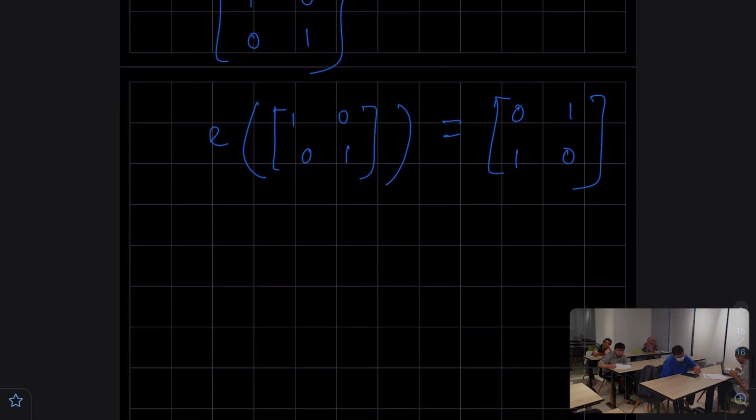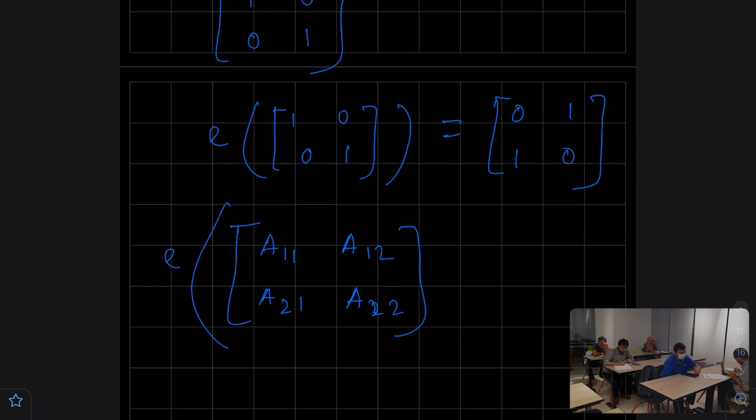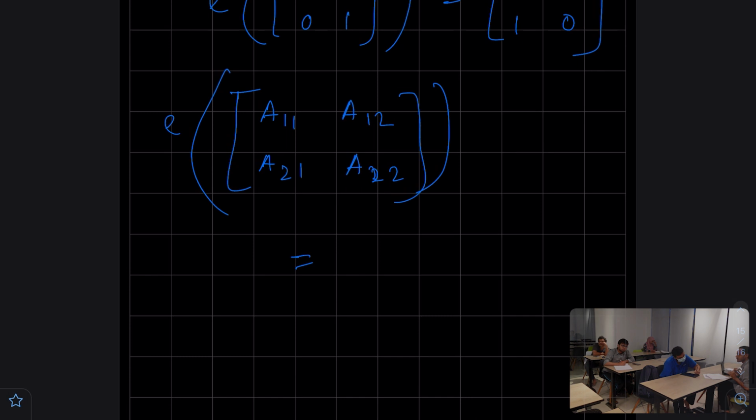Now let us consider another matrix A11, A12, A21, A22. If I take the third elementary row operation on this matrix, this will be A21, A22, A11, A12, right?